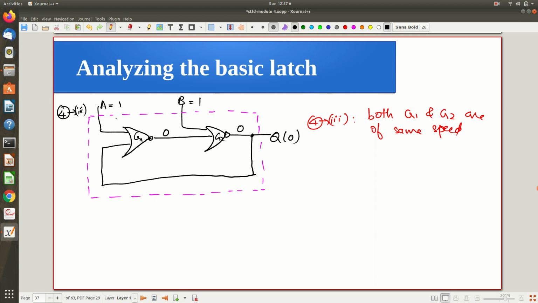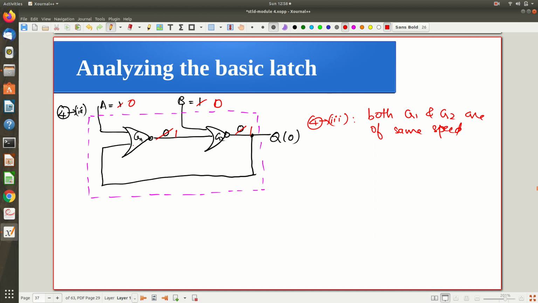But the problem is whether it is capable of retaining this information. Both of them are of equal speed, so what will happen? When both inputs are 0, and I'm taking the input back, both inputs are 0 here also, and this is changing to 1, and this also is changing to 1, and that will be fed back, and again some kind of toggling will happen.